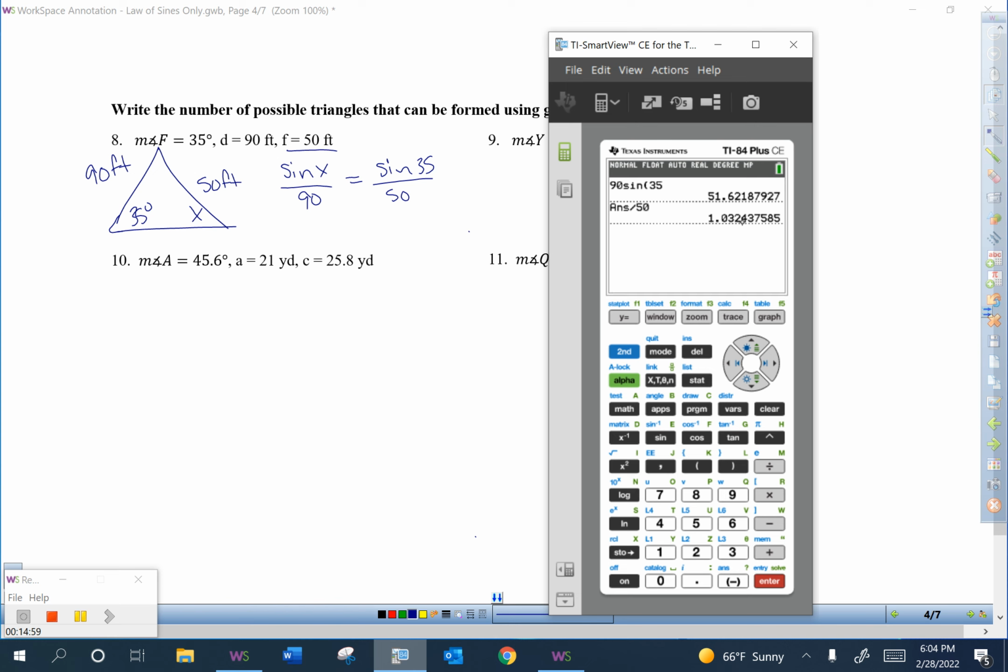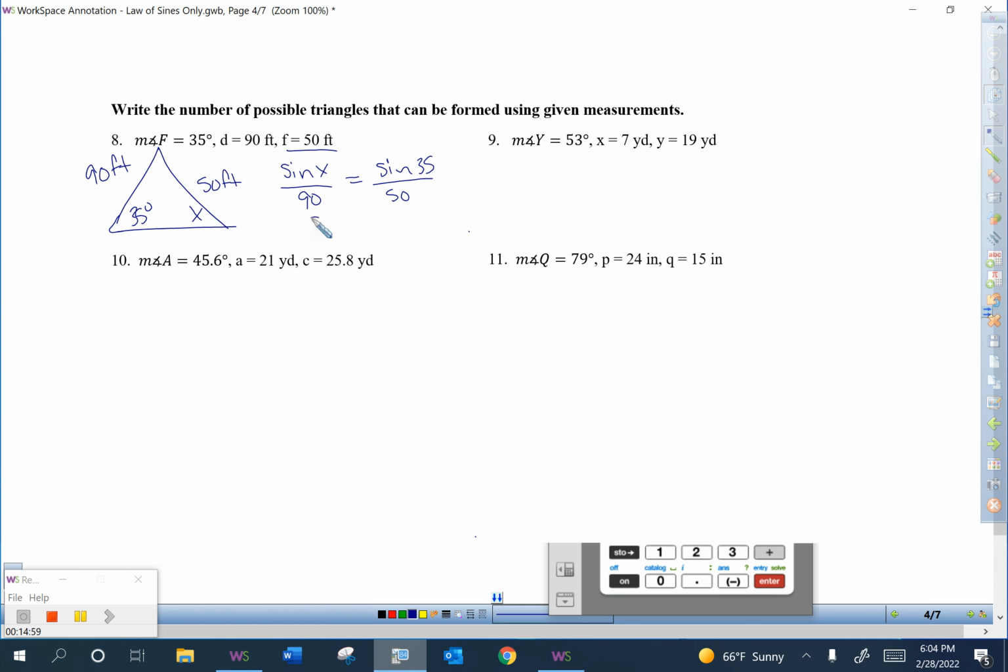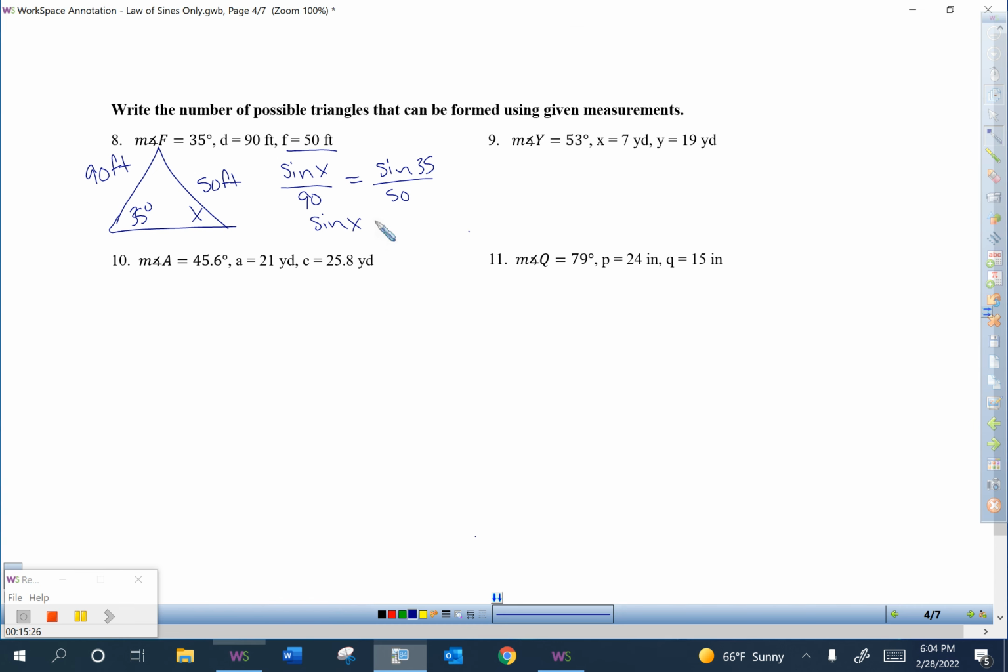This is 1.0324. I hope you recognize that that is a problem already. If you do your inverse sine and type that in, it will give you an error. That's because our sine of x was greater than 1. So this is not a triangle that exists. This is a situation that would have no possibilities.